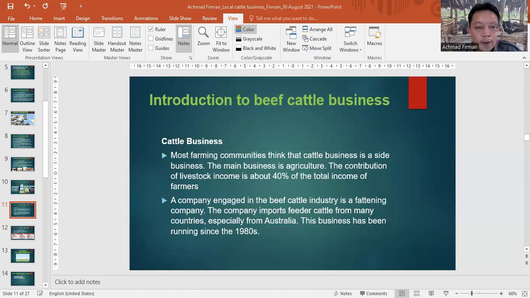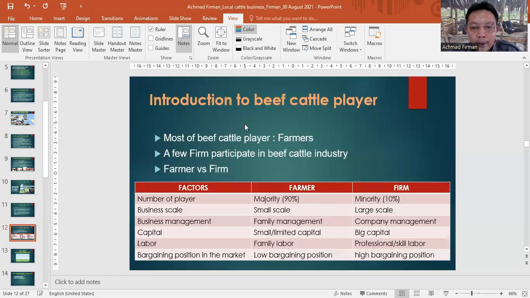Okay, the next slide is about cattle players, the actors involved in this industry. You can see the table. We can identify business actors in the beef cattle industry in Indonesia, namely farmers and firms.